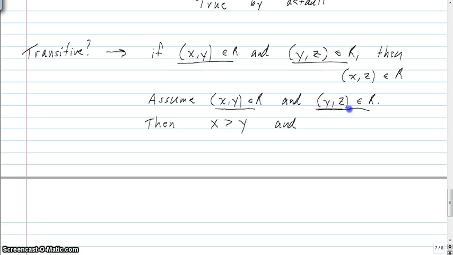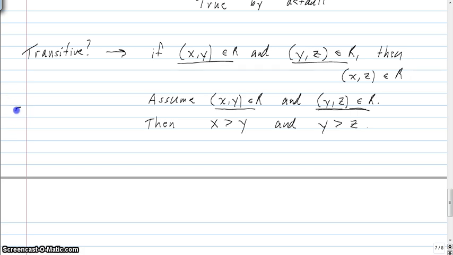and if yz is in the relation, then y is greater than z. So if you've got these at the same time, x is greater than y, and at the same time y is greater than z. Think about putting some numbers in.